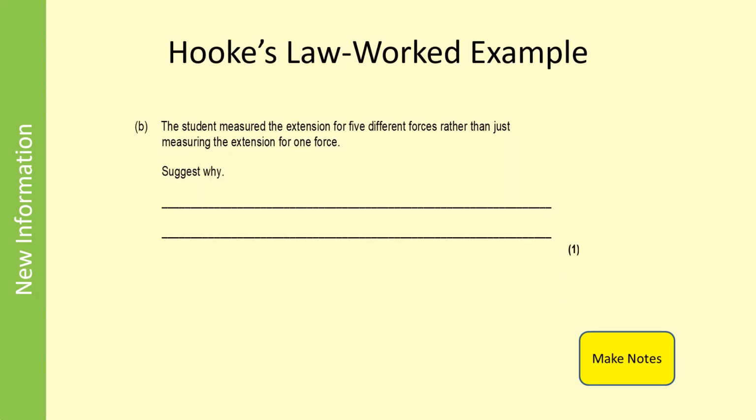The next part of the question says the student measured the extension for 5 different forces rather than just measuring the extension for one force. So why do the experiment repeated 5 times with different masses rather than just doing it once?